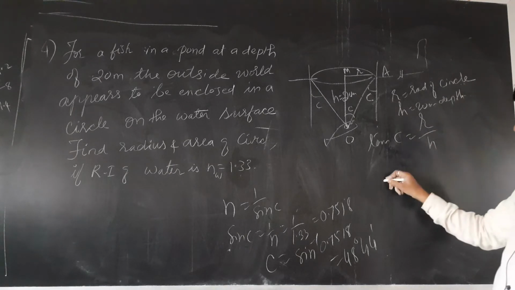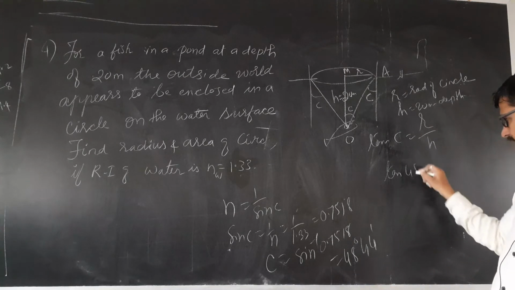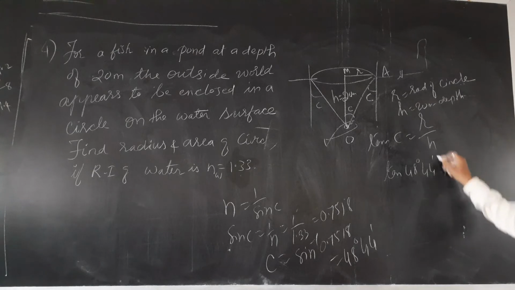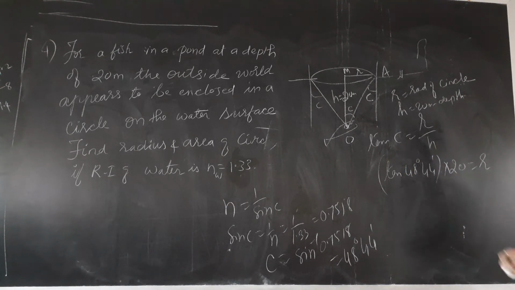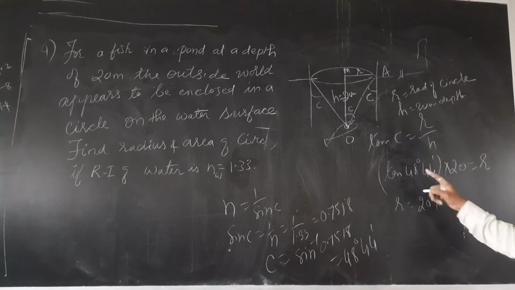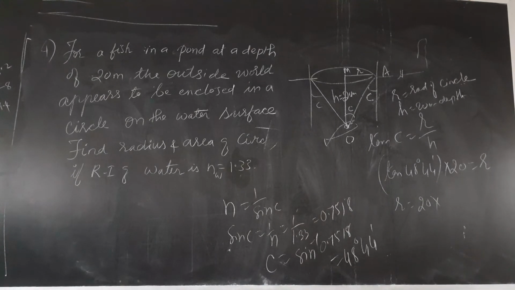Now tan of, what is the value of C we have got? 48 degrees 44 minutes into H, what is the value of H? 20 meters, must be equal to the radius. That implies radius is equal to 20 into tan 48 degrees 44 minutes. 48 degrees means it will be more than 1.